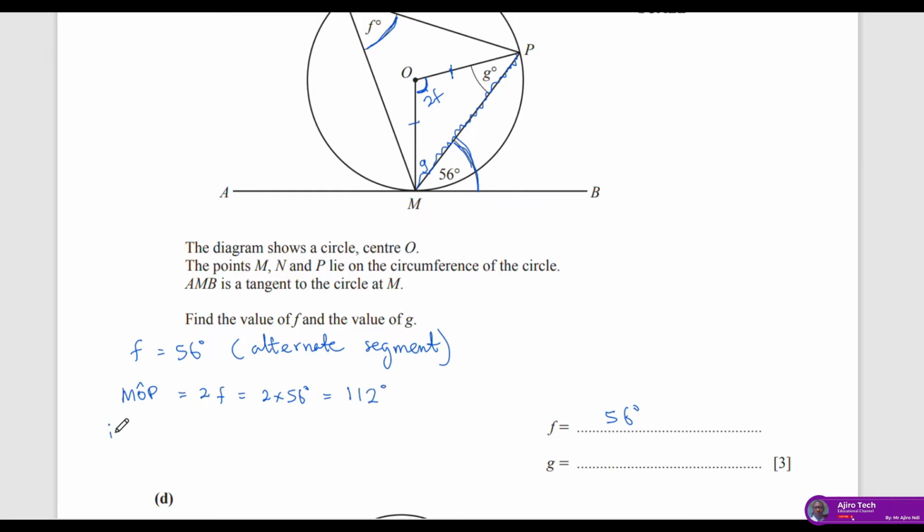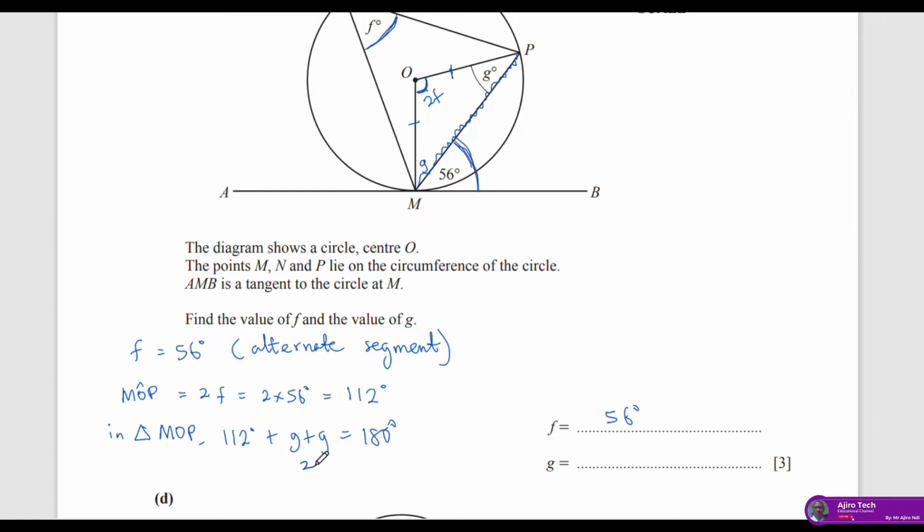Now there's a triangle. In triangle MOP, these three angles sum to 180 degrees. 112 degrees plus 2G equals 180 degrees.